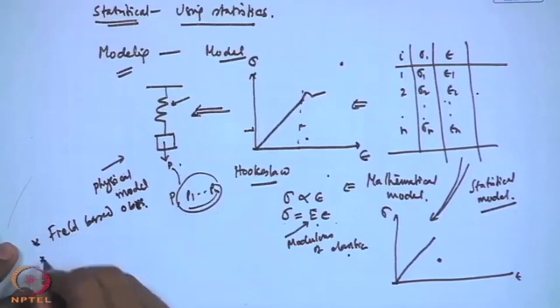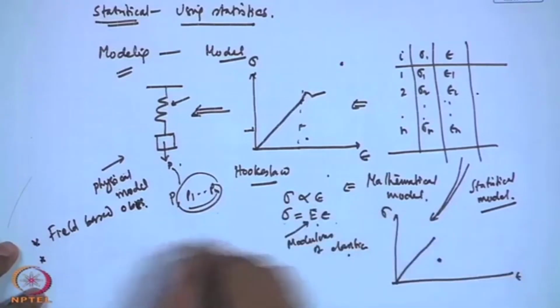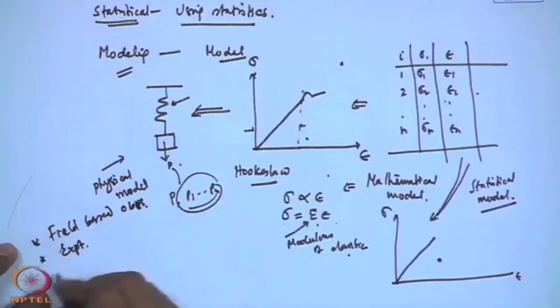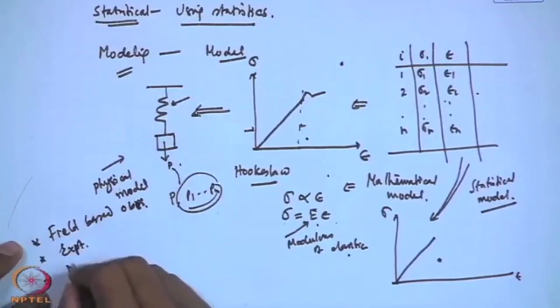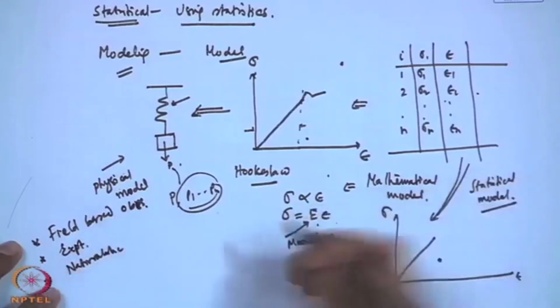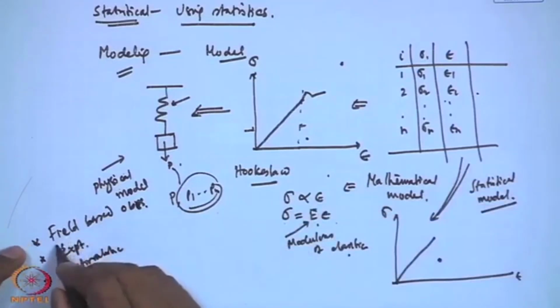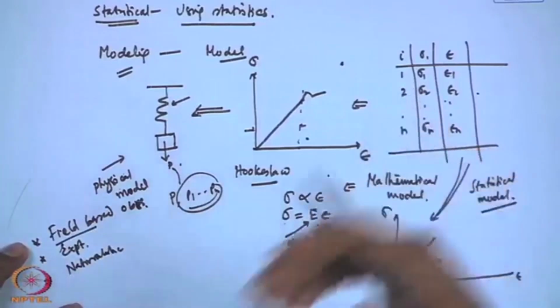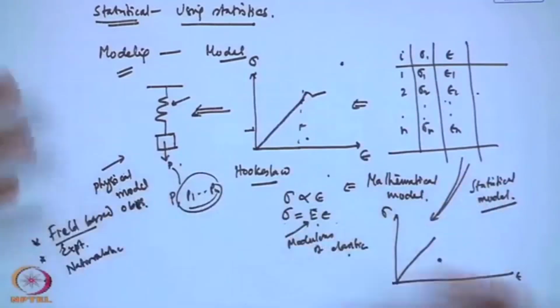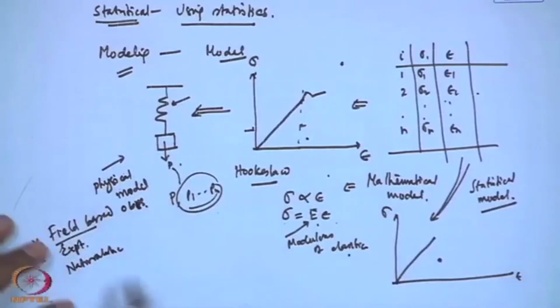Sometimes we will go for naturalistic observations, like the wild animal case. Field based observation means, for example in the steel washer case, you go to the production shop and see what is happening there, collect data, and accordingly you do some modeling.